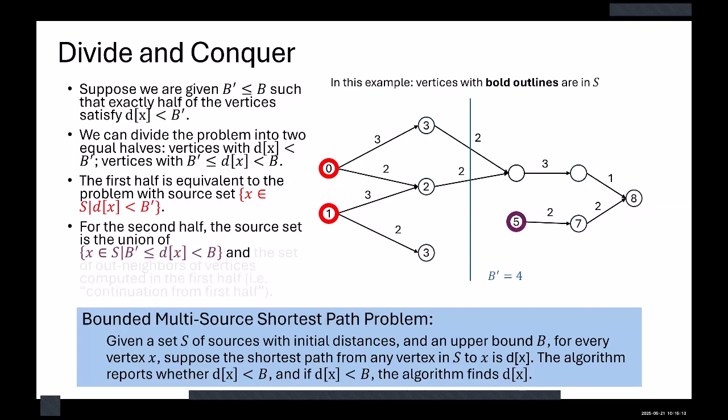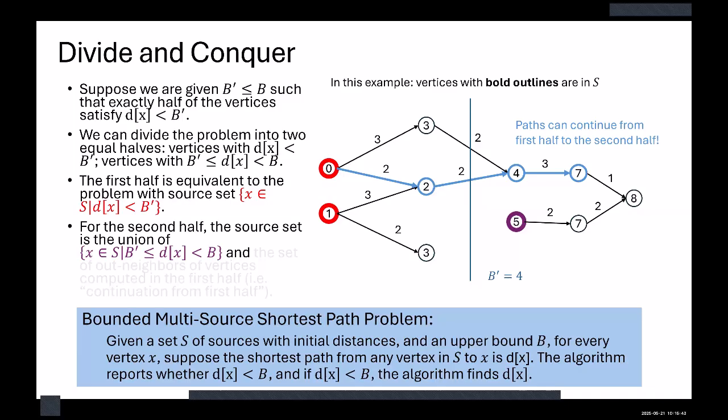For the second half, obviously we also need to include in the source set the purple vertex, which has a distance greater than or equal to B prime. But this is not sufficient because there can also be a path that starts from the left half and continues all the way into the second half. If we only include the purple vertex, we will miss this path because it doesn't even visit the purple vertex.